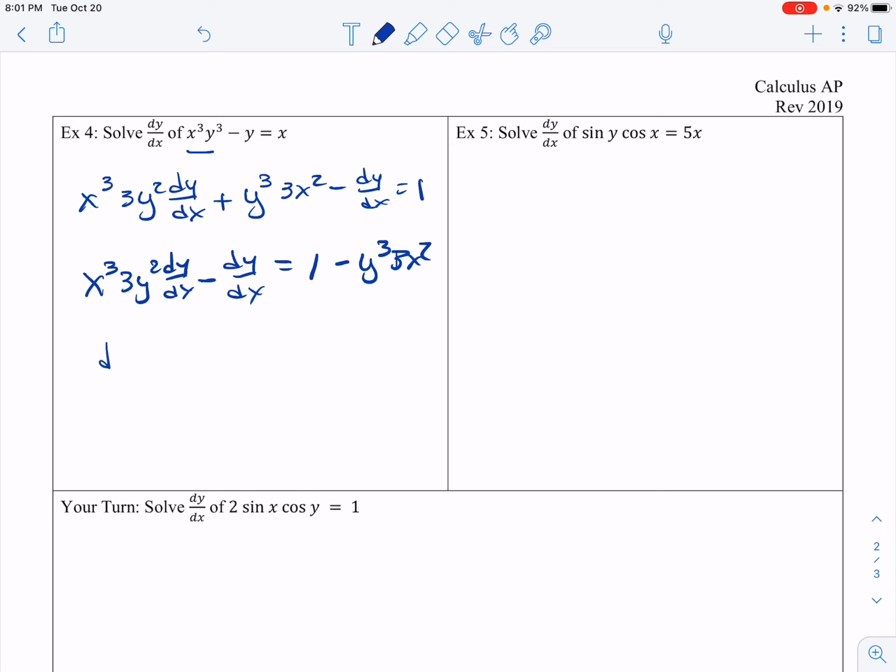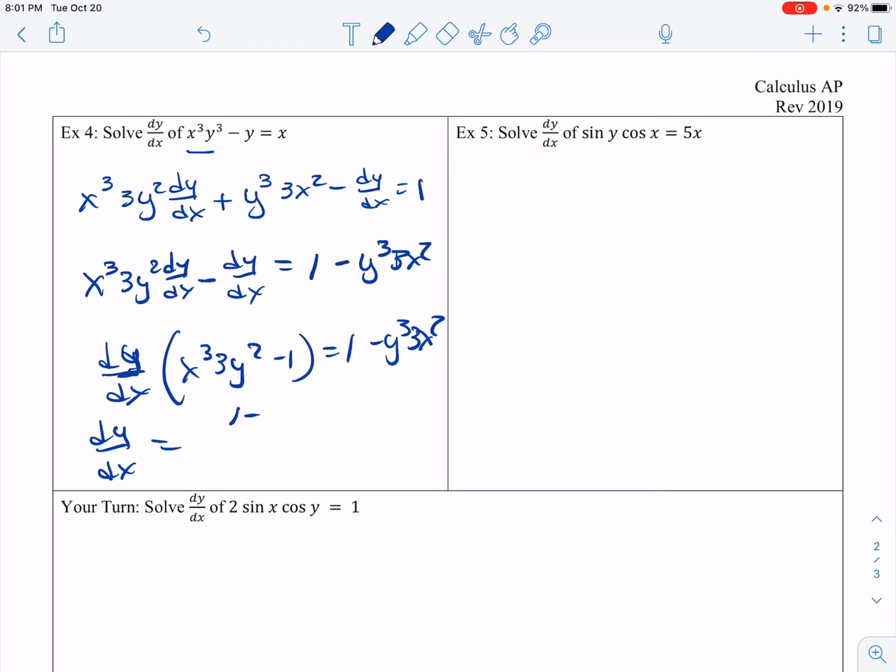So factor that out, and you're left with x cubed 3y squared minus 1. Now you divide, so dy/dx is equal to 1 minus y cubed 3x squared over x cubed 3y squared minus 1.